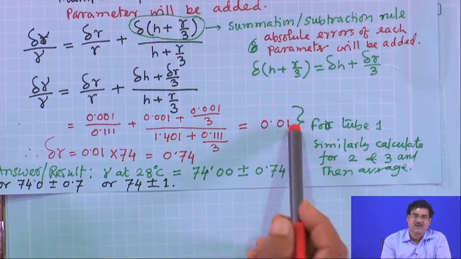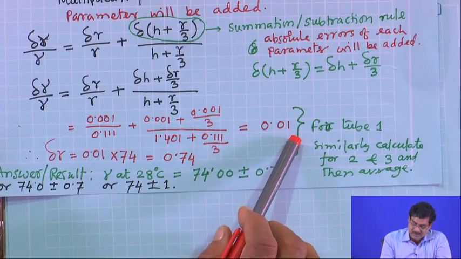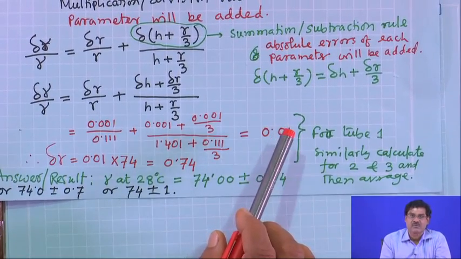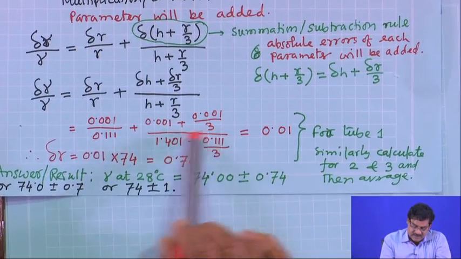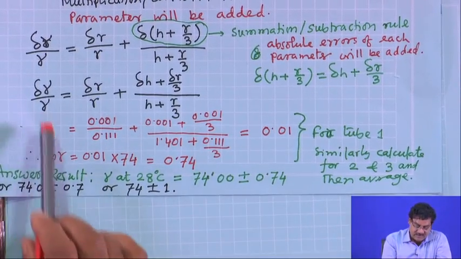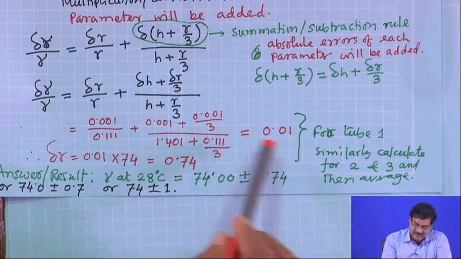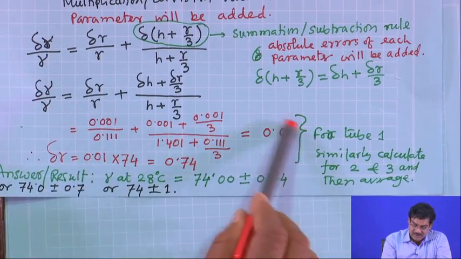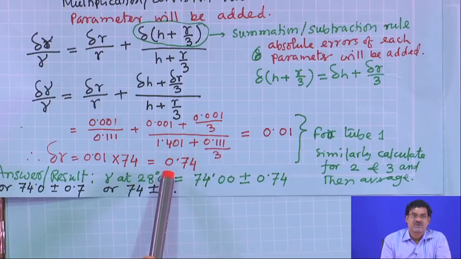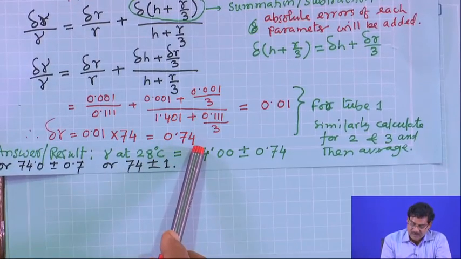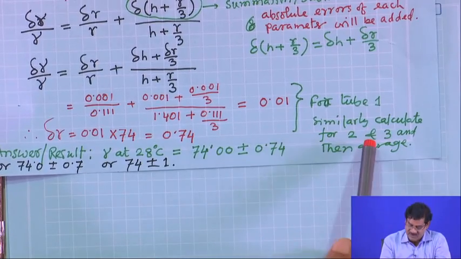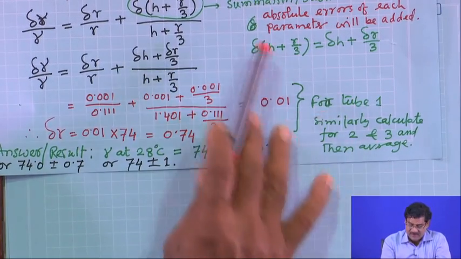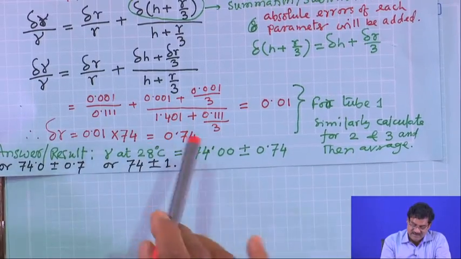It comes to around 0.098 something. So delta gamma by gamma is this, and delta gamma equals this into 74, which is 0.74. This is for tube 1; similarly you can calculate for tube 2 and tube 3 and then take the average.